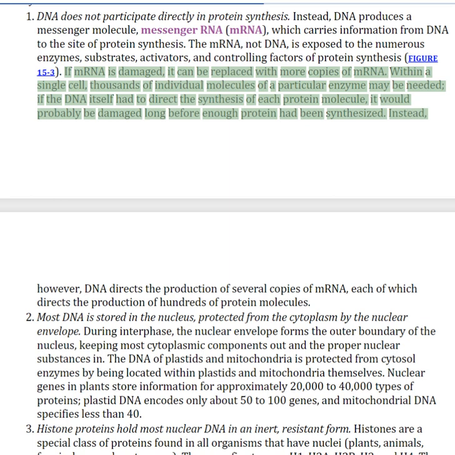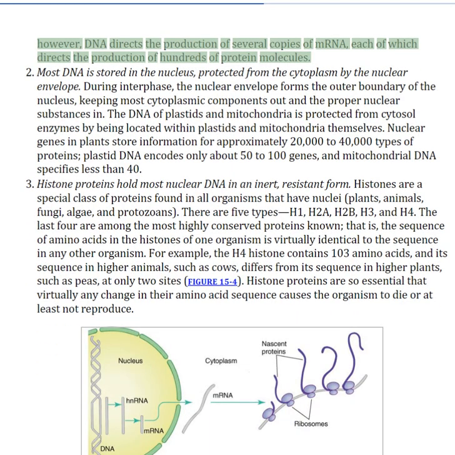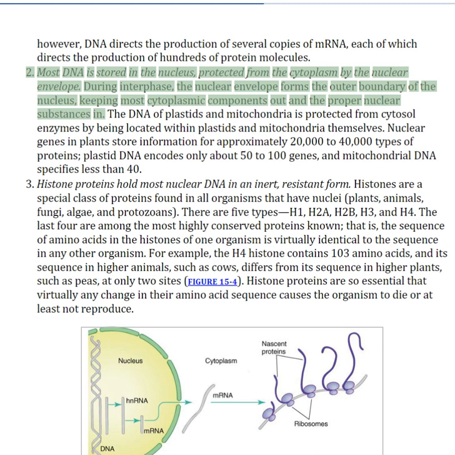Instead, however, DNA directs the production of several copies of mRNA, each of which directs the production of hundreds of protein molecules. 2. Most DNA is stored in the nucleus, protected from the cytoplasm by the nuclear envelope. During interphase, the nuclear envelope forms the outer boundary of the nucleus, keeping most cytoplasmic components out and the proper nuclear substances in.